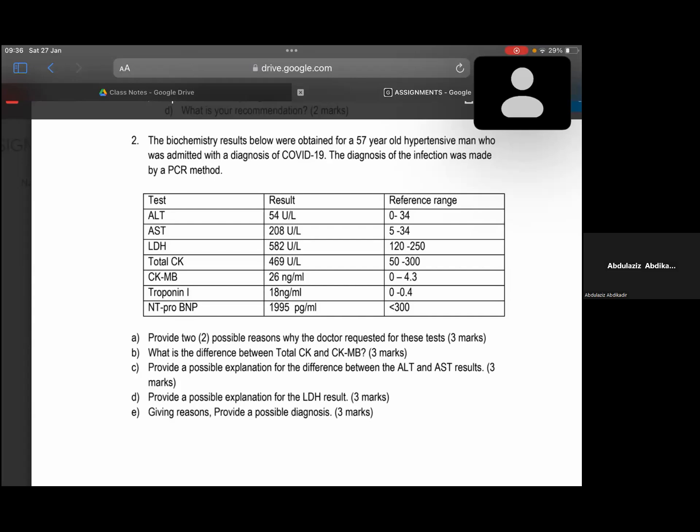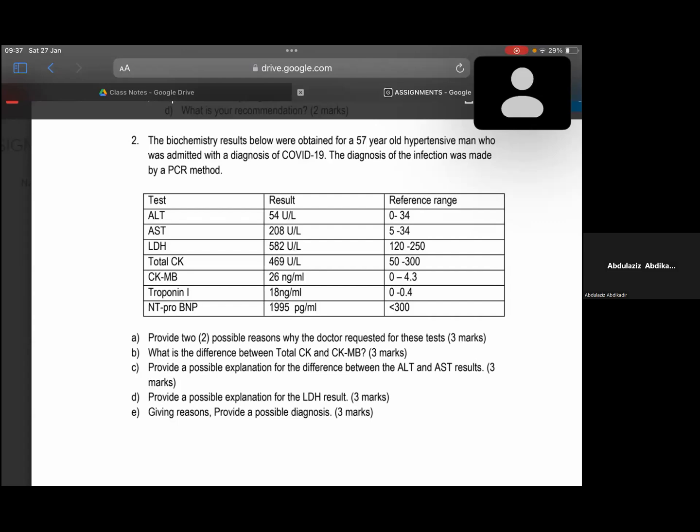So provide a possible explanation for the difference between ALT and AST results. ALT and AST. Why is the AST more markedly raised than the ALT? Look at the ALT, there's an increase, but the AST is a marked increase.